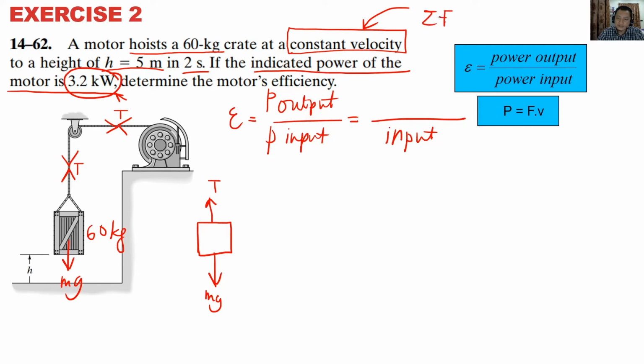Summation of forces is equal to ma. What happens here? If it's moving at a constant velocity, no acceleration lah. a is equal to 0. Power is equal to force times velocity.